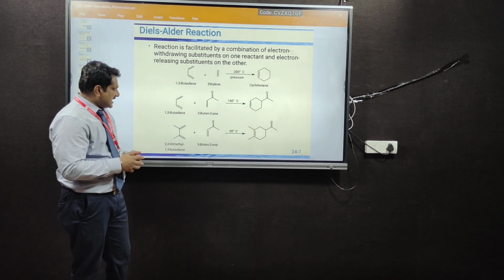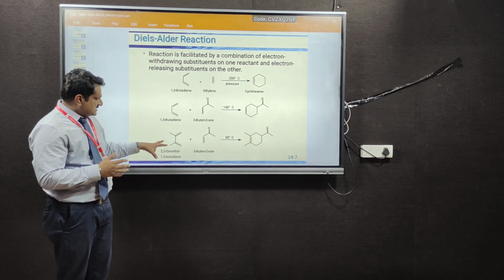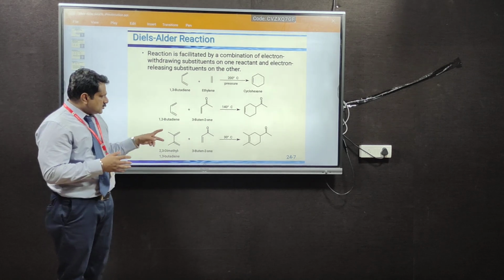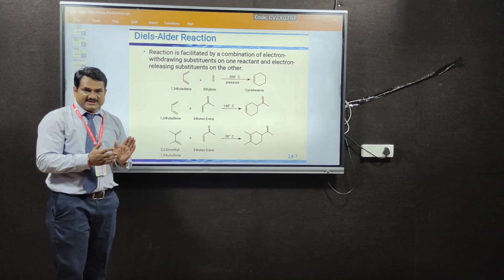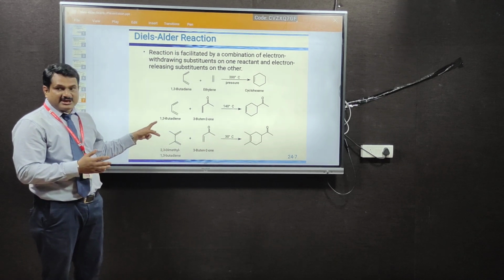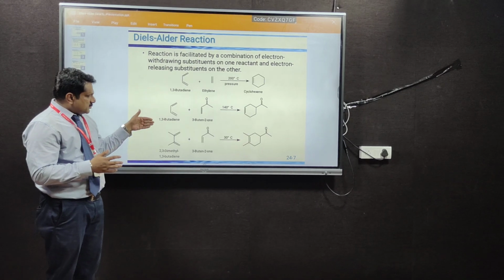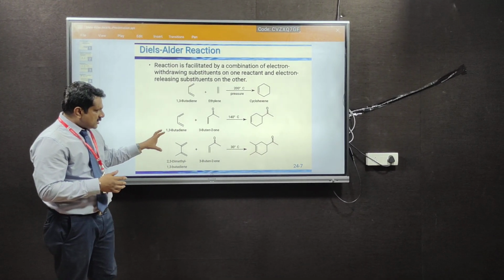We can also increase the nucleophilicity of the diene by putting an electron donor group on the butadiene. As the diene is nucleophilic in nature, this nucleophilic nature can be enhanced with the help of a donor group over the butadiene or diene group.